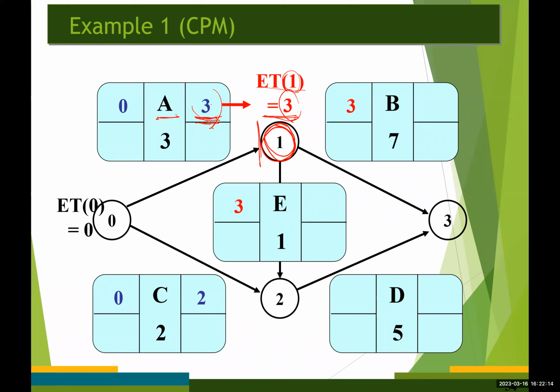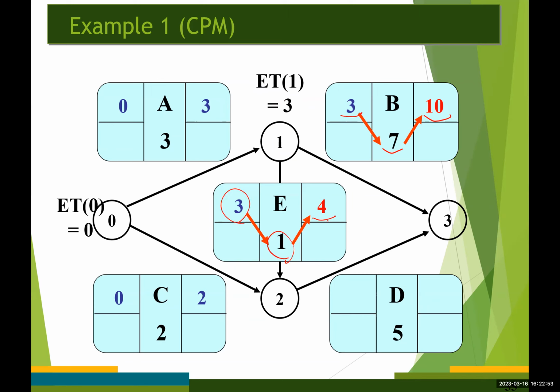And the earliest start time for both activities B and E becomes 3, which is from here directly, right? And the earliest finish time for activity B is going to be 10, which is from 3 plus 7, right? Likewise, the earliest finish time for activity E is going to be 3 plus 1, which becomes 4.